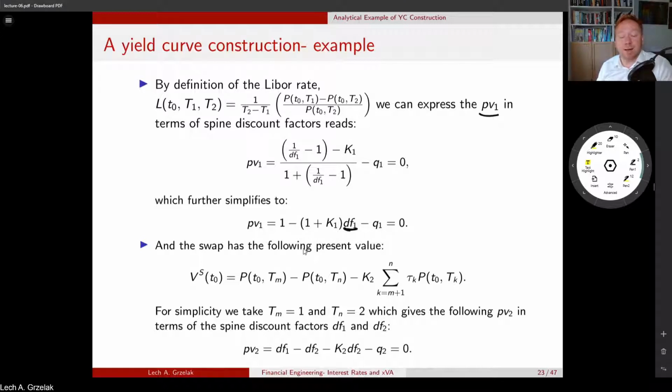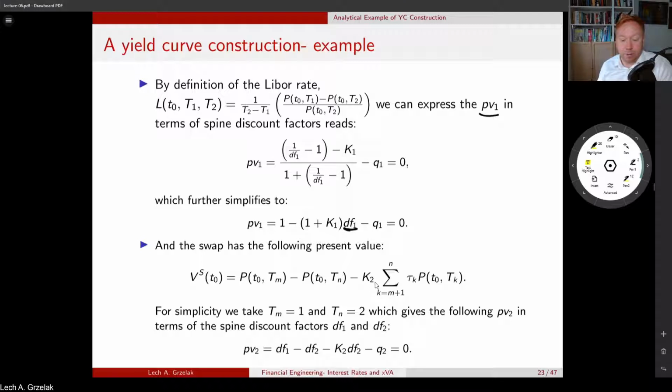However, we also have a second instrument. We have a swap. In the swap, we also have two payment dates, so we have 1 and 2. Those are the first year and then the second year. If we collect all those terms and do the substitution here, because this is a summation of those zero-coupon bonds, we have df1 minus df2.